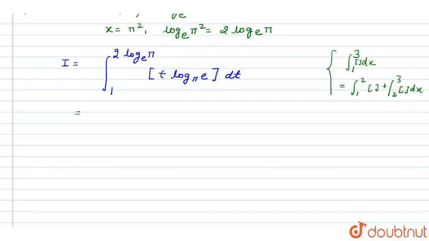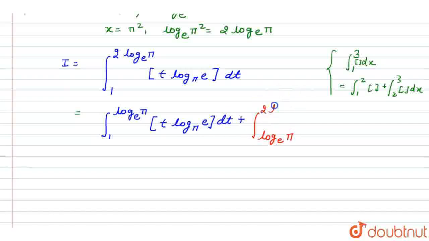Now from here we get the integral from 1 up to log base e pi of the greatest integer of t log base pi e dt, plus the integral with limit log base e pi up to 2 log base e pi of the same value, t into log base pi e dt.